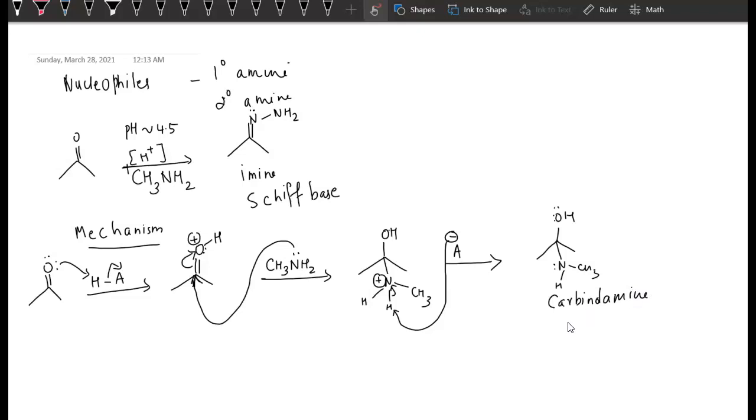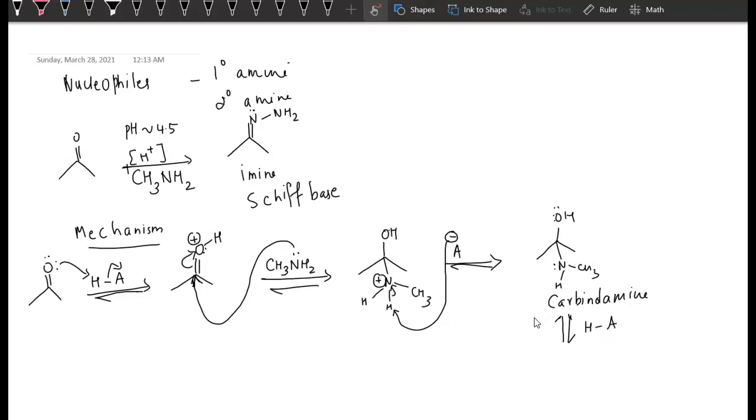All right. So it doesn't end here. It goes through more steps. Now remember, these are all reversible steps, so I need to keep showing the equilibrium. We have this reaction with HA again.